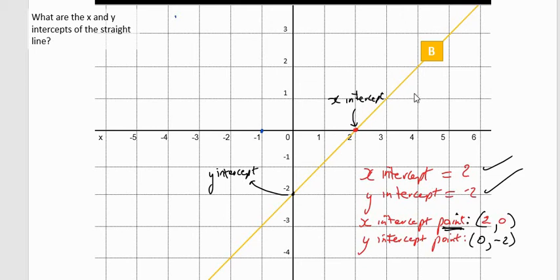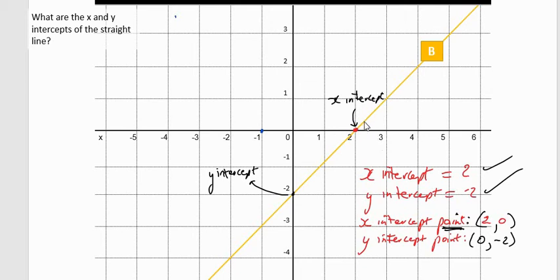We'll just call it the x-intercept point, with a P. Okay.